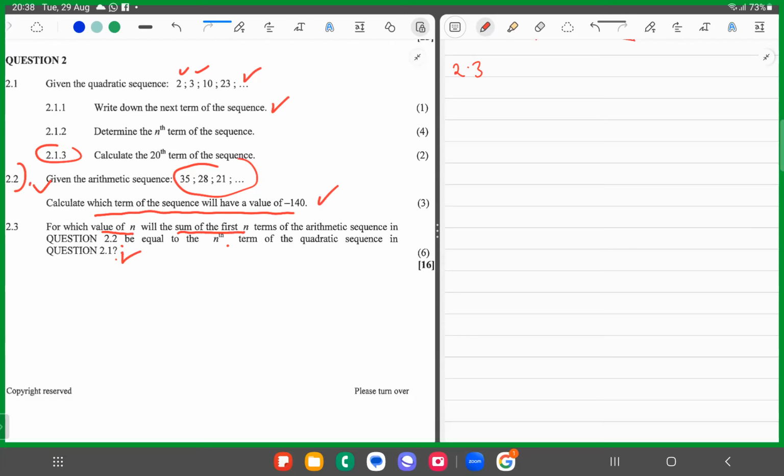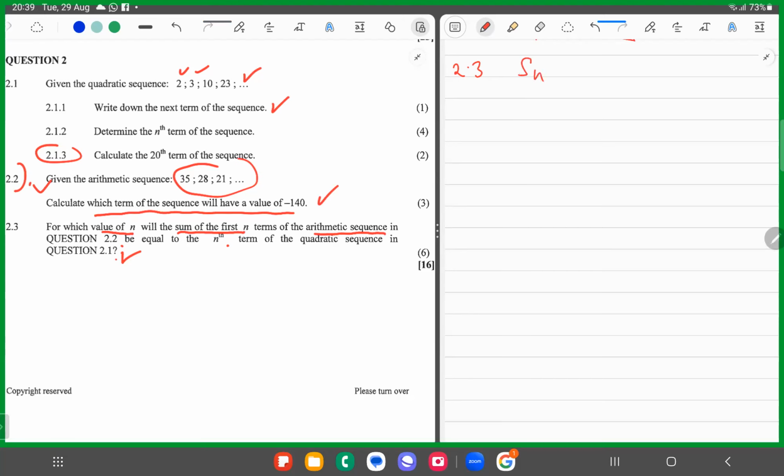But now note that you are dealing with the arithmetic case, right? And you're dealing with the sums. Okay, right. So what do we do? First, we need to realize that we are dealing with the arithmetic sequence and the first n terms.